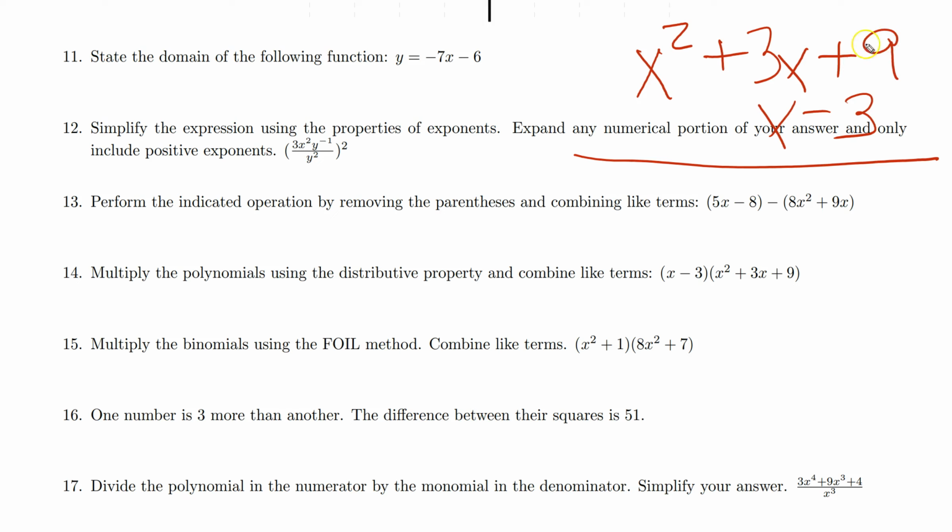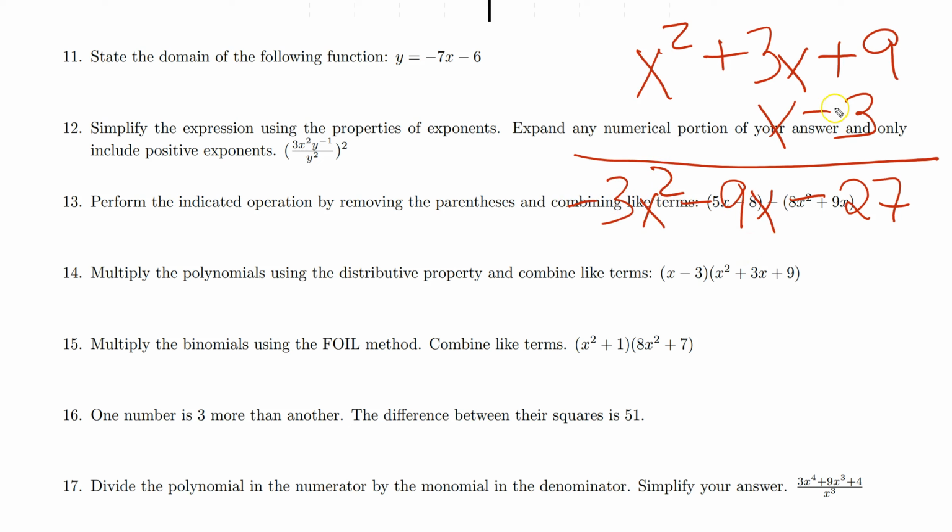But I like the idea of setting it up vertically, where you just multiply now negative 3 times a positive 9 is negative 27. This is going to be a negative 9x. And this is going to be a negative 3x squared.